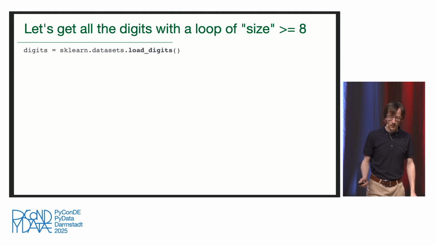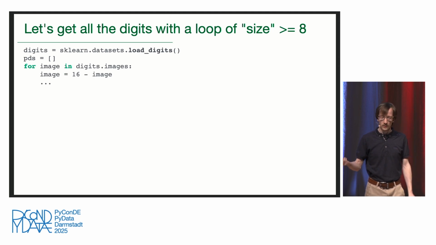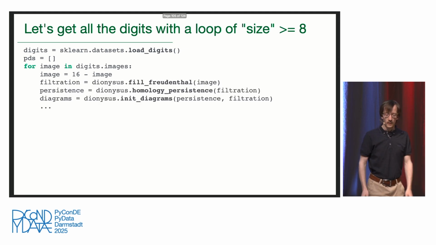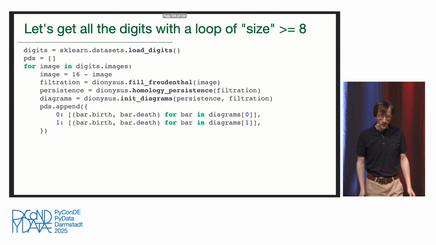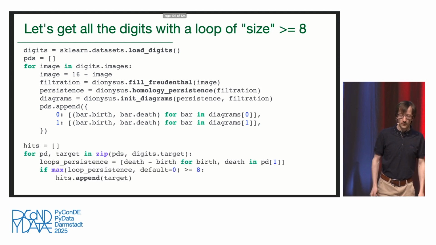Then for each, we flip it so that it matches the intuition that we have, that first the things that we draw appear. We do the same pipeline as I just showed to compute the diagrams. Again, I put them into this dictionary form that I can work with easily.